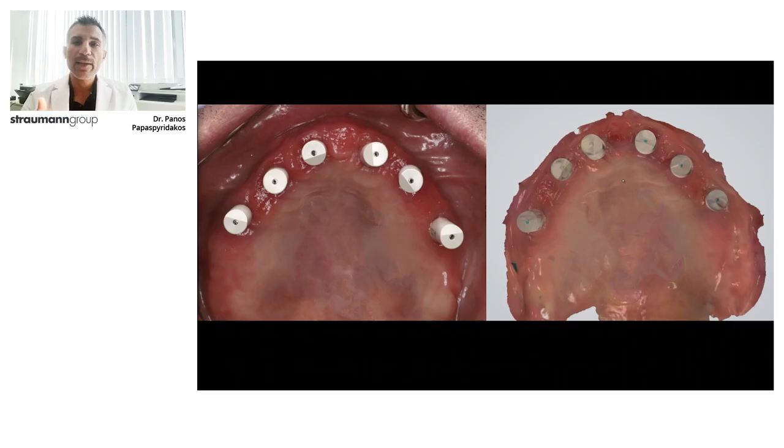So it is a three-dimensional representation of the intraoral situation. It is saved as an STL file and it can be imported into CAD software so that we can start designing the prosthesis.